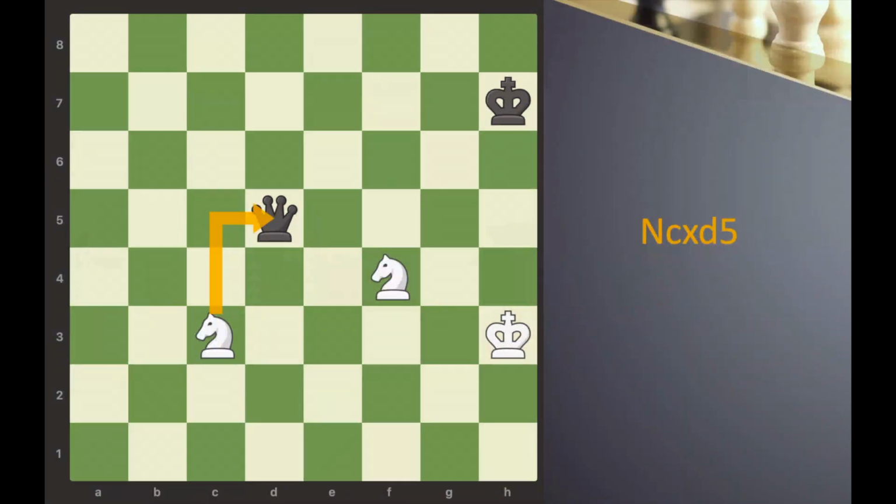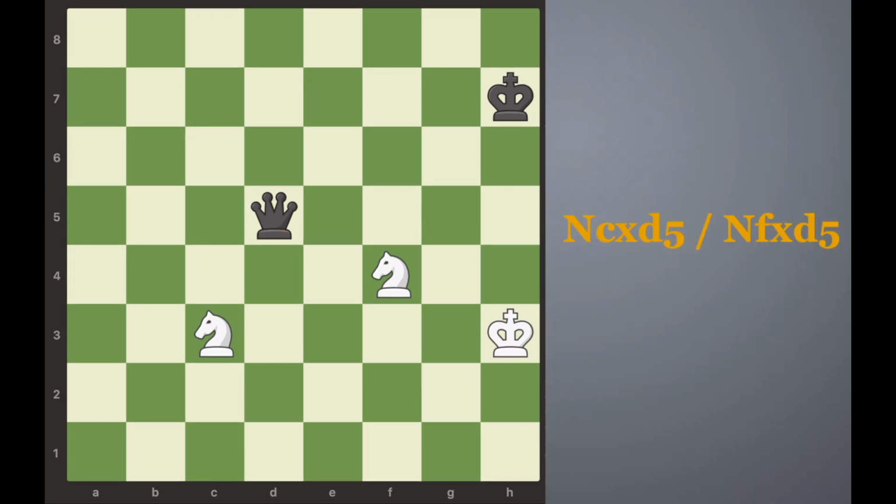If this particular knight on c file is going to capture the queen, we can say Nc cross d5, and if the knight on f file is going to capture the queen, then we can say Nf cross d5.